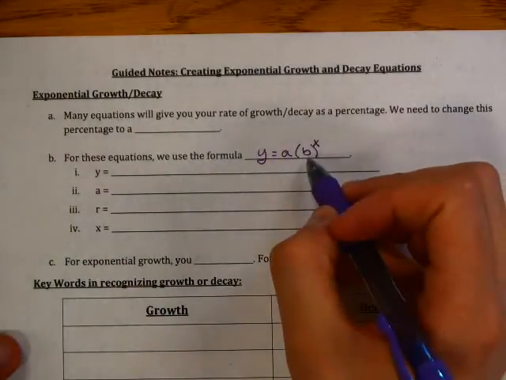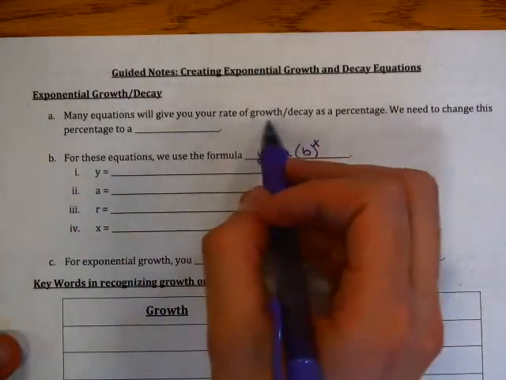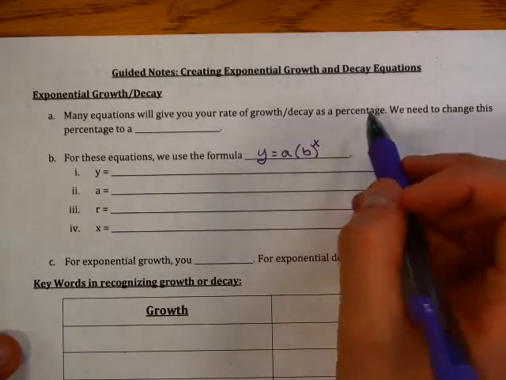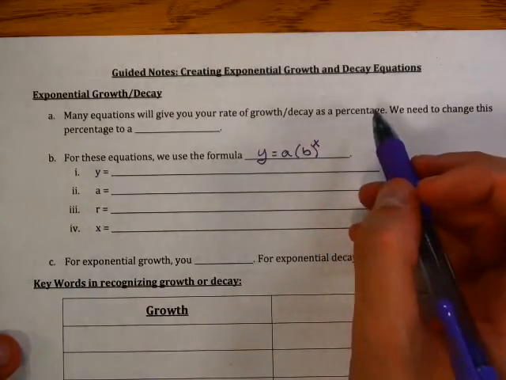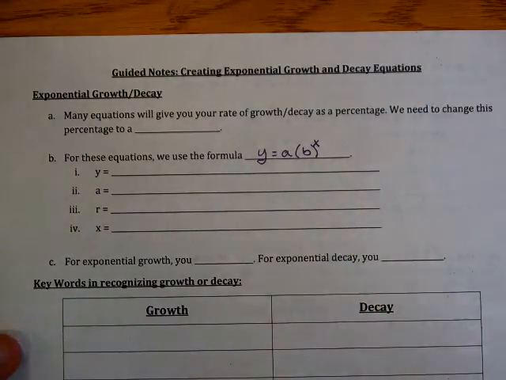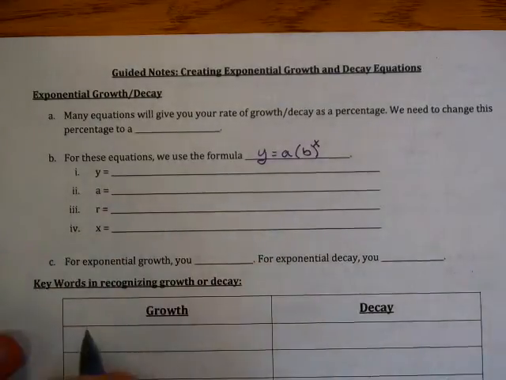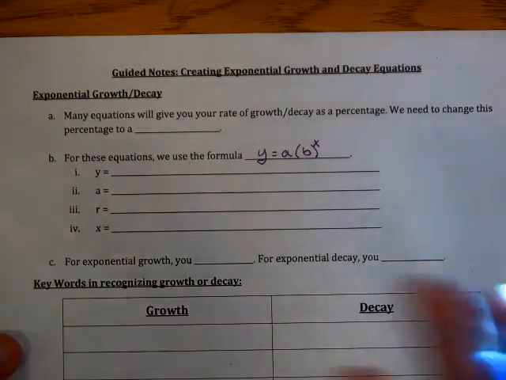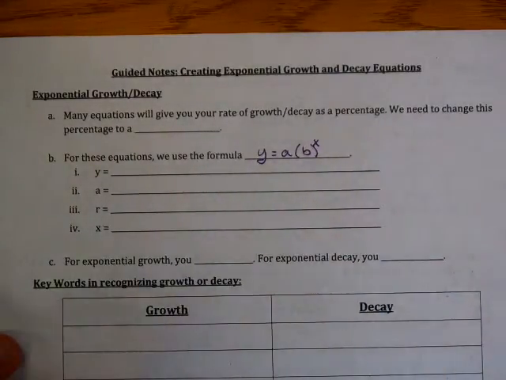Often, the rate of growth or decay is represented as a percentage. Like the ozone decays at 3% a day. That's a little extreme, probably not even true. However, you hear these percentages. I'm getting 5% interest on my investment in the bank every year. That's not true either, I wish it were.